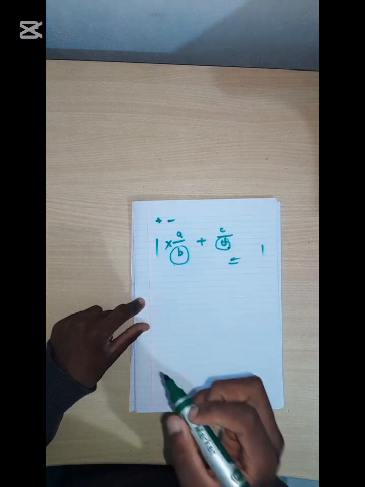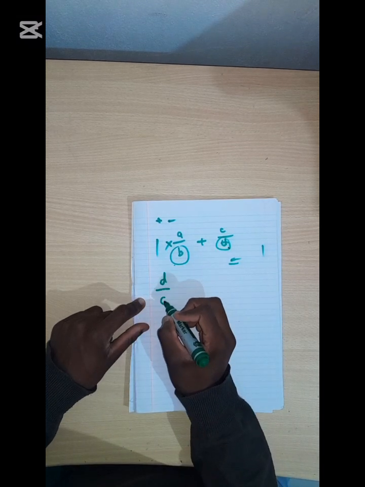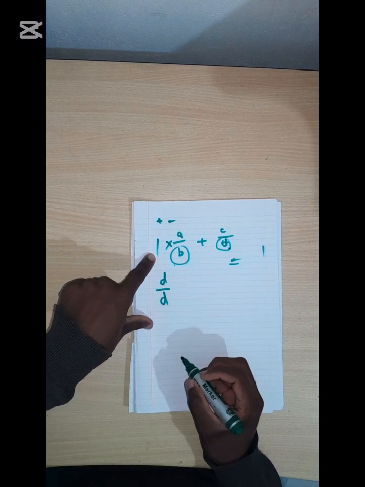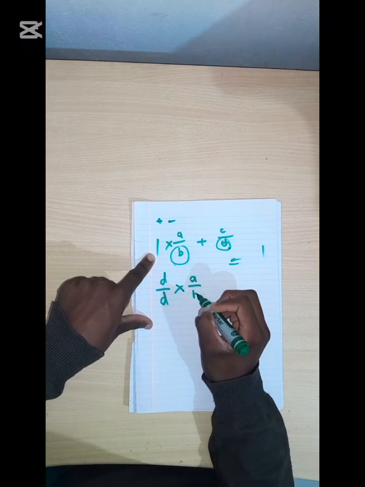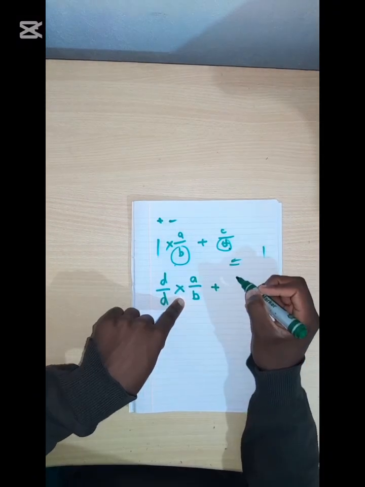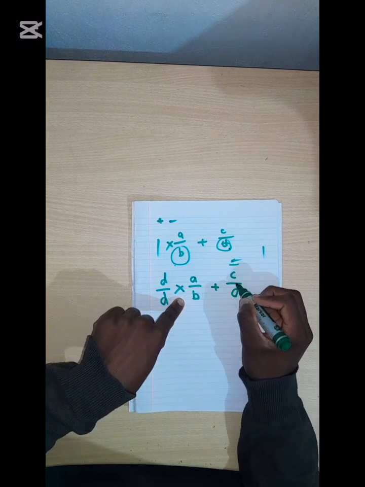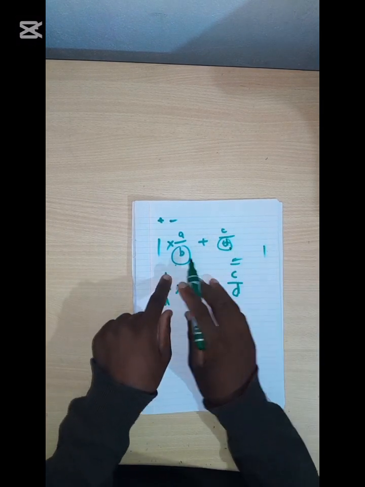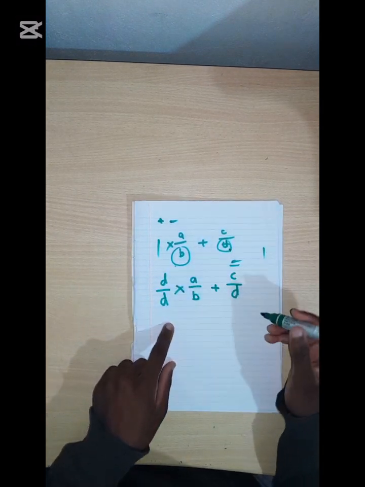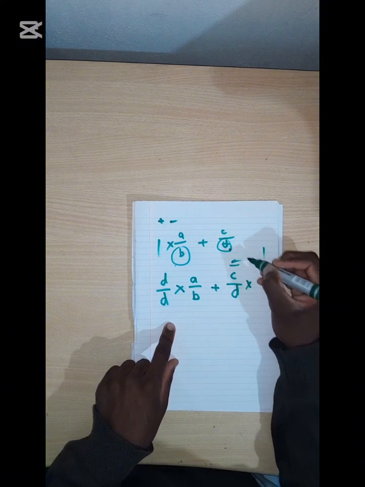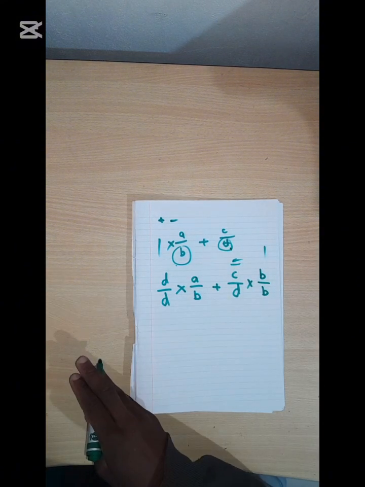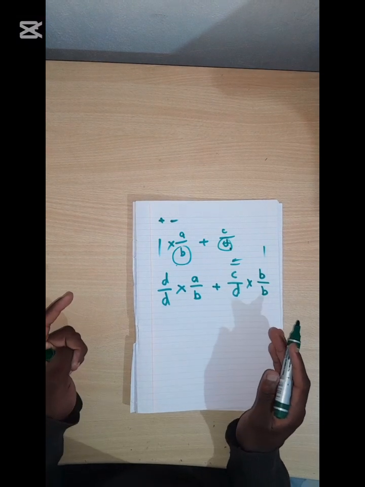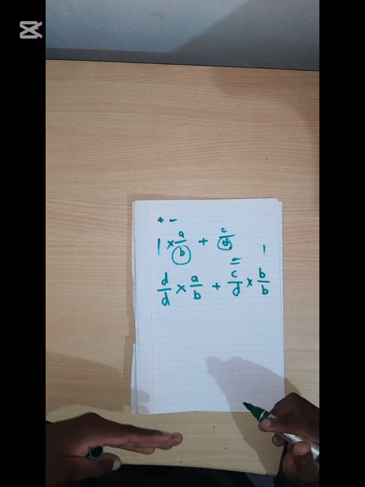We also know that D over D is still equal to 1. So you're multiplying D over D by A over B. You bring down the sign, C over D. Now for this fraction, you're going to be guided by this denominator, so you'll have multiplied by B over B. Now, back to when we multiply fractions, you multiply the numerators, then you multiply the denominators.